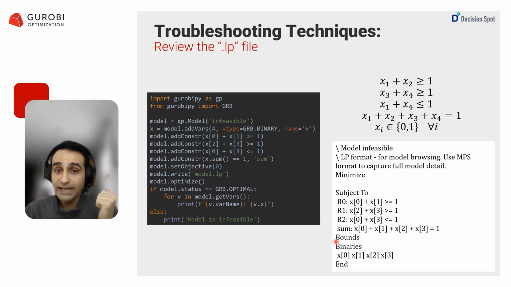I didn't provide any name for the first three constraints, so it just simply called them R0, R1, and R2. Now, of course, this is a very simple model, but in larger models, this exercise can be useful to ensure we didn't make any mistakes in the coding and in the model. For example, did I really mean to have the third constraint as less than or equal?